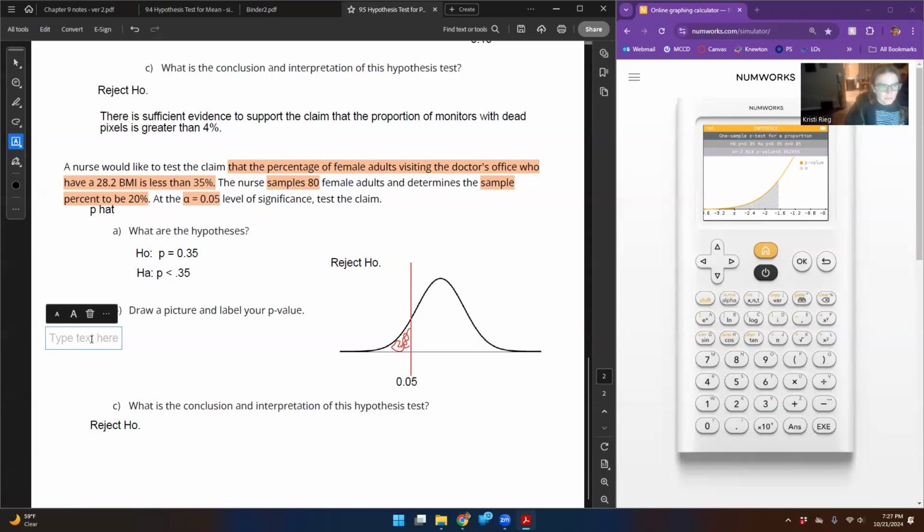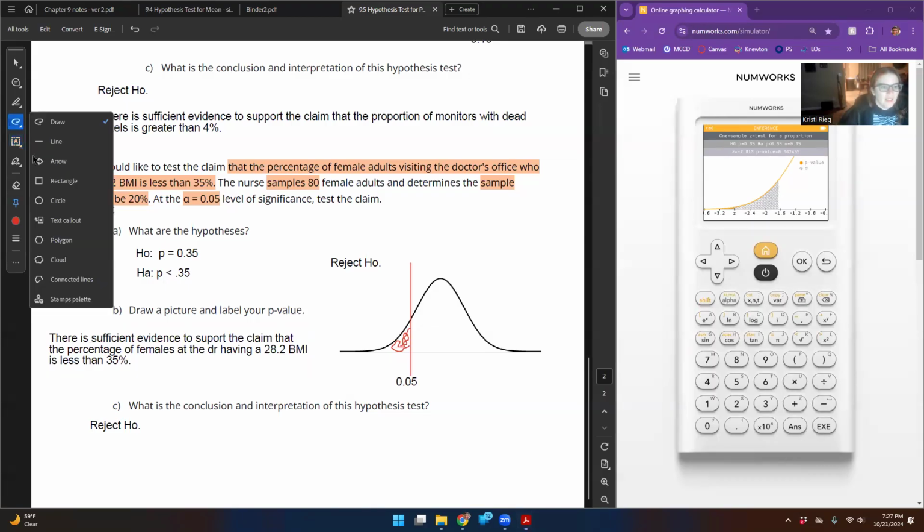So we will say there is sufficient evidence to support the claim that the percentage of females at the doctor with a 28.2 BMI is less than 35.